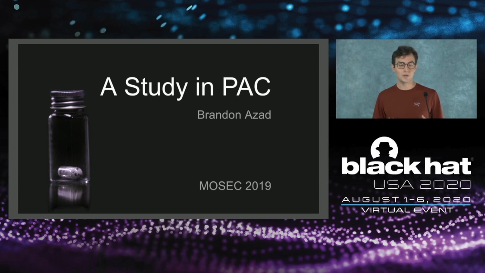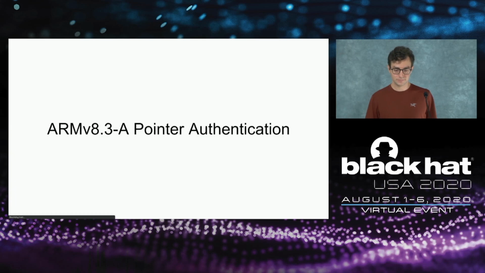So I wanted to give Apple some time to fix it and improve the design a little bit, and maybe I would revisit it at a later point, giving iOS 13 a chance to fix some of the problems that I uncovered. Now, 1 year later, this talk is my revisiting of pointer authentication in iOS 13.